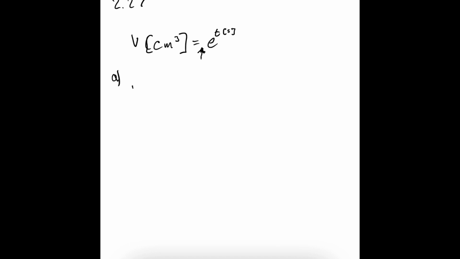If we change our expression to 1 times e to the 1 times t, then there are two coefficients here. They're both equal to 1, and we'll say that this one is equal to A and this one is equal to B. So A equals 1 centimeter cubed.